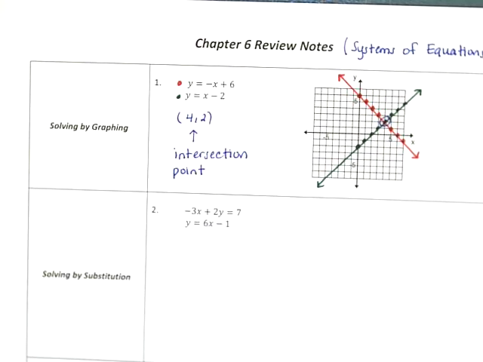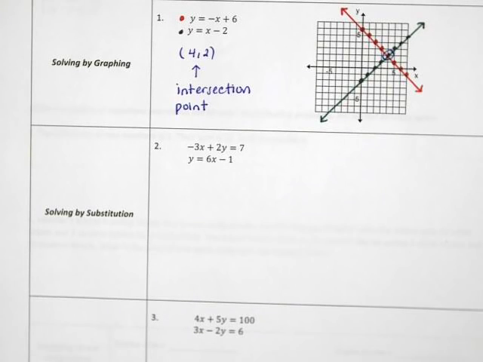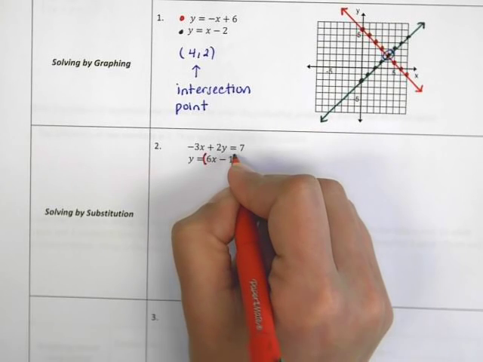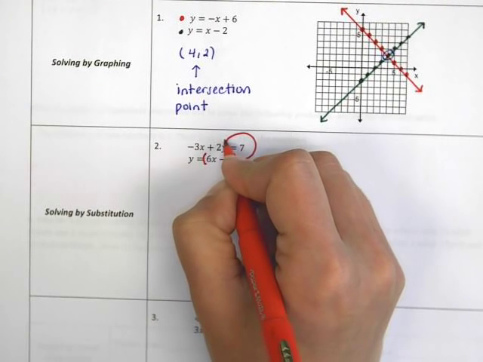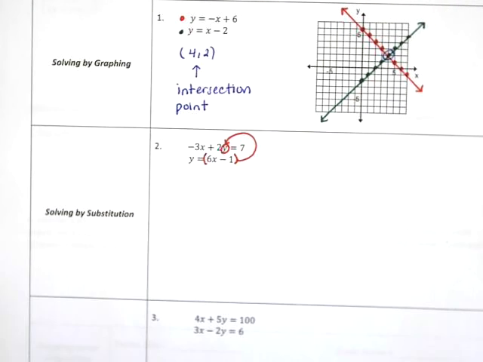Now another way we learned that we could solve a system of equations was using something called substitution. We said that if y is equal to 6x minus 1, we can replace the y in the other equation with 6x minus 1.